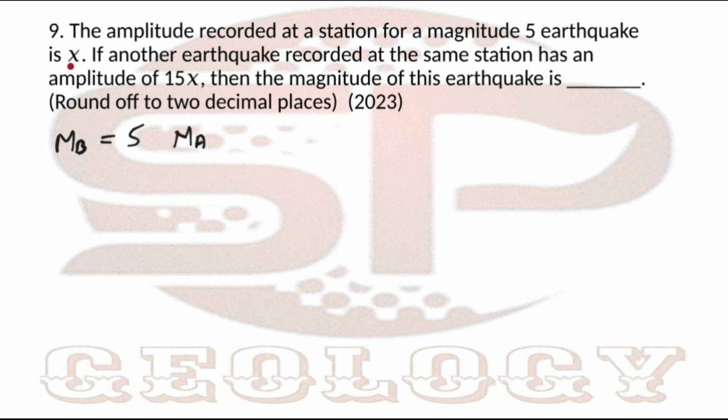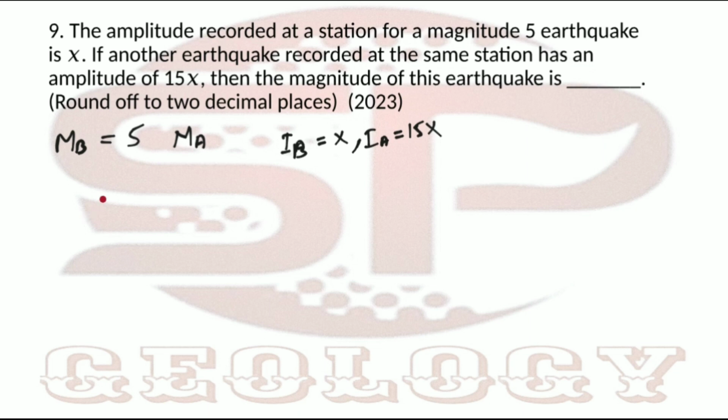So intensity Ib is given as x, and Ia is given as 15x.